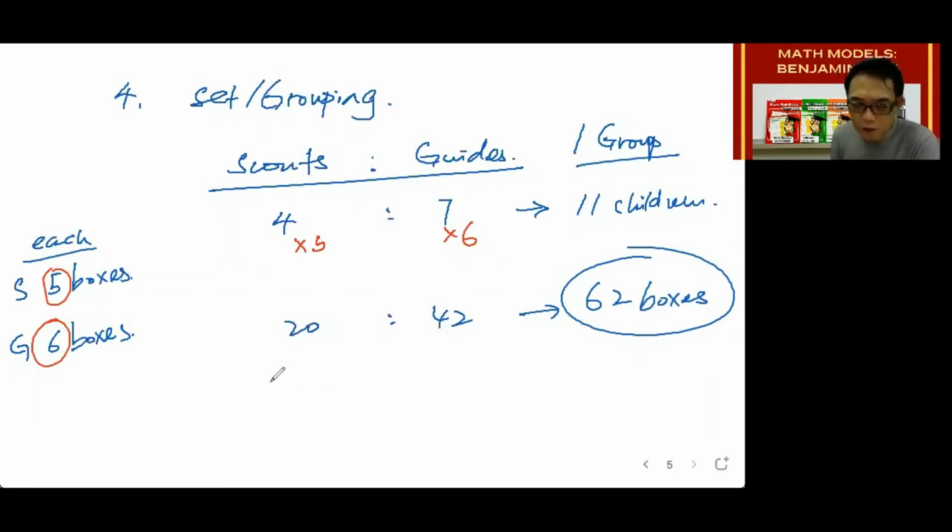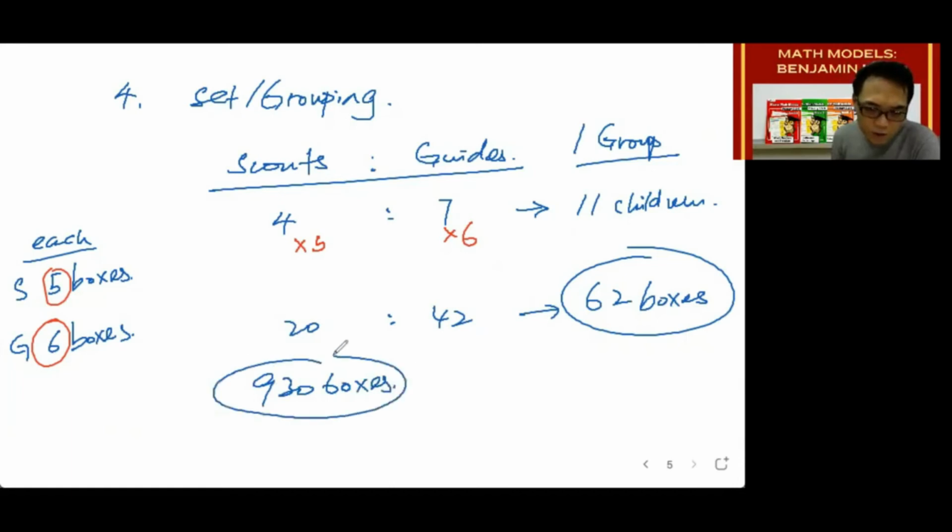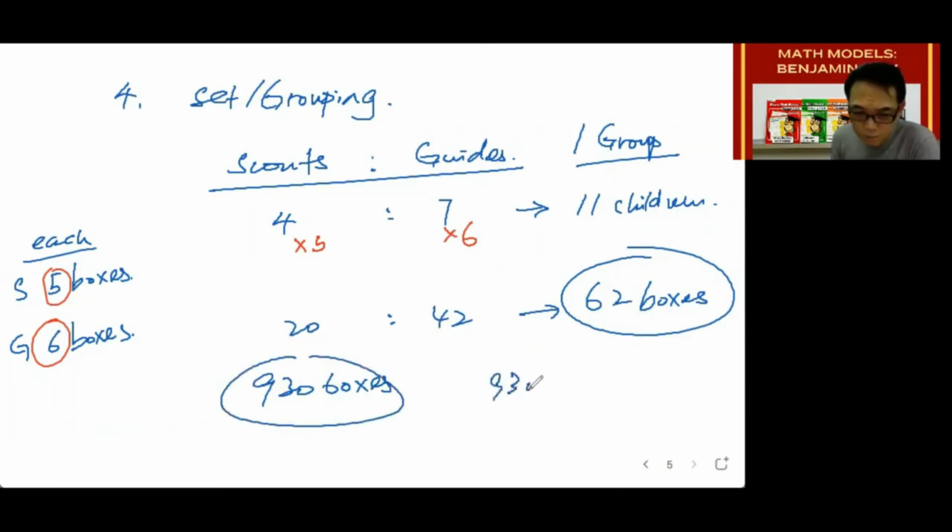So for instance, if they were to give you a number like 930 boxes sold in a week, then you take 930 divided by 62, and you should get 15.